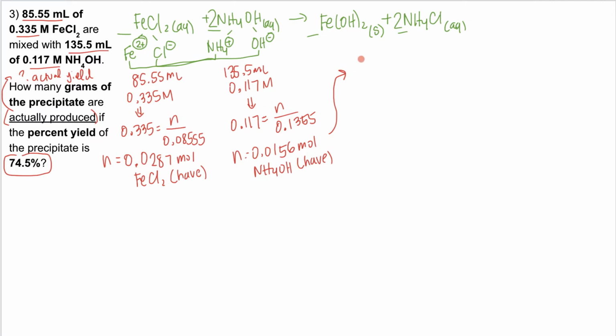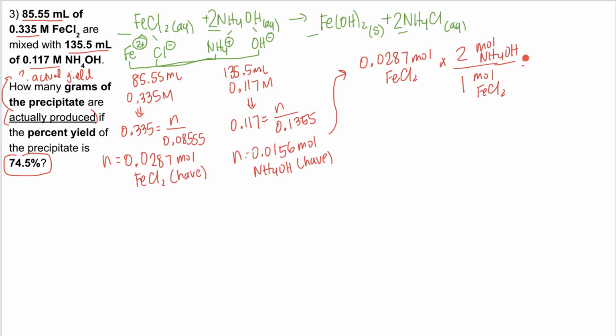I'm going to just choose one of these numbers here, the 0.0287 moles of iron 2 chloride. And I'm going to see what we would need in terms of the moles of ammonium hydroxide if all of these moles of iron 2 chloride were to react. So I'm setting up a mole-to-mole ratio between the 2 reactants. For every 1 mole of iron 2 chloride that reacts, 2 moles of ammonium hydroxide are needed.